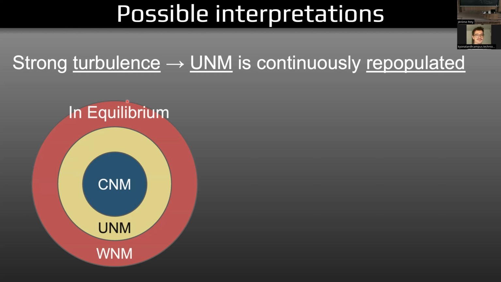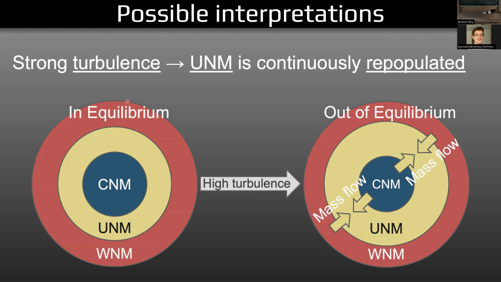And all the gas that fills in between will eventually go to one of the two stable phases. But once you add high turbulence, you observe that it will kick the stable gas out of its equilibrium, and then this gas will go to the unstable medium. Of course, it wants to go back to the stable phases, but it doesn't happen because we have more and more turbulence in the system, and it will not allow the gas to go back to the stable regimes.